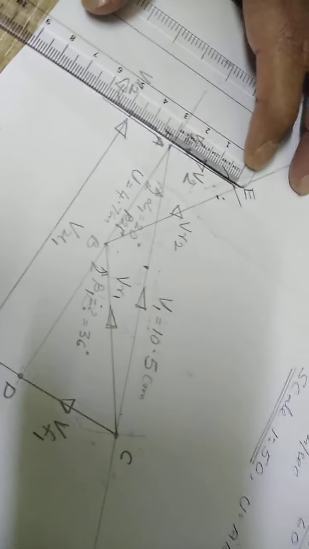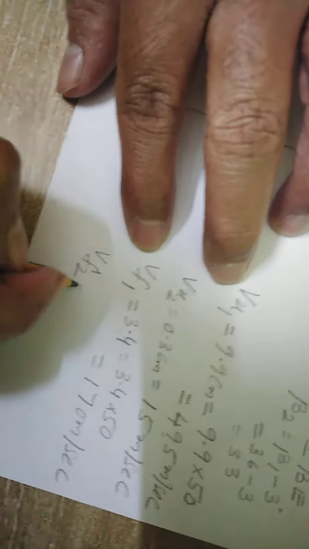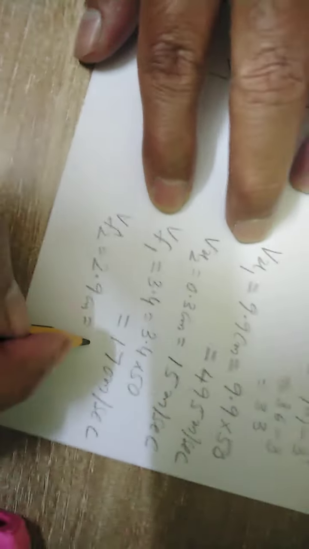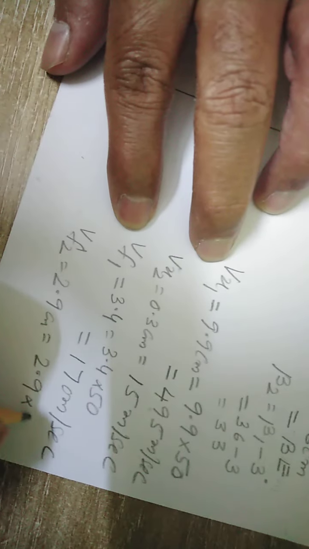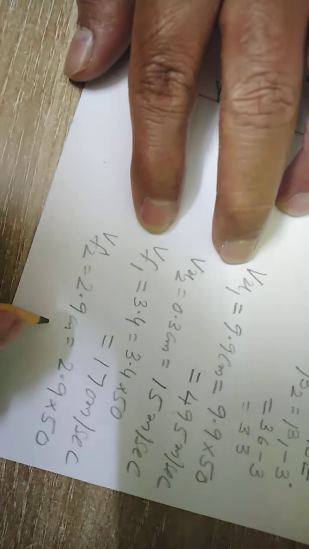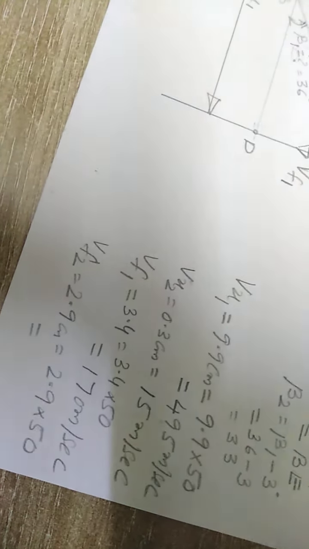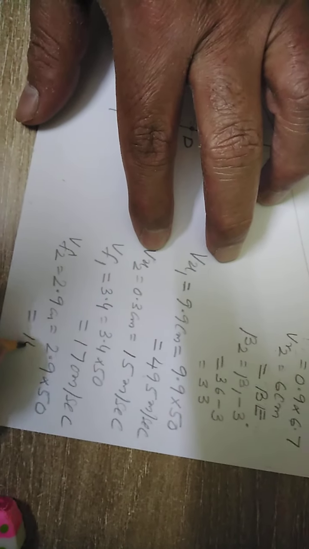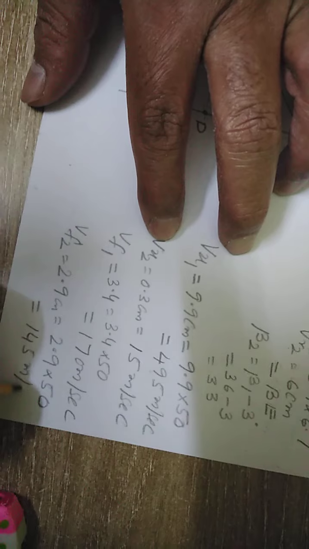Similarly, measure VF2. VF2, you'll get 2.9 centimeters. So 2.9 into 50 comes to around 145 meters per second.